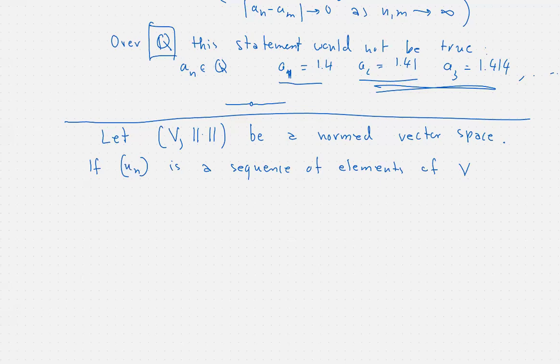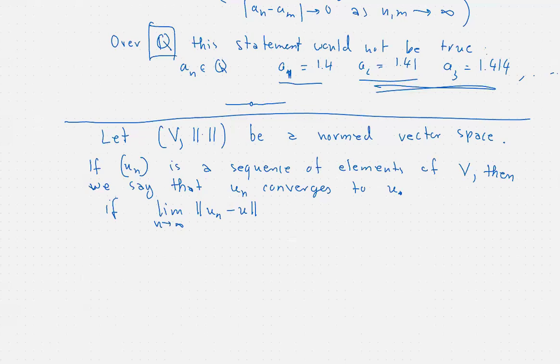Then we say that u_n converges to u if the limit of the numerical sequence of the norms of the differences ||u_n - u|| is 0. Okay? Then we say that u_n converges to u.